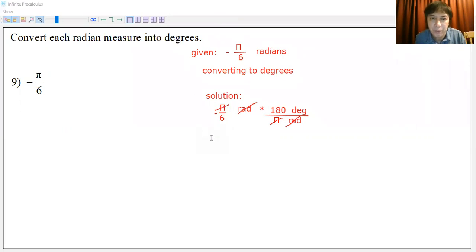We have the negative sign, the 180, and the unit is degrees, and this is over 6. This is now our unreduced fraction. 180 divided by 6 is 30. So our final answer is negative 30 degrees. This is our answer.